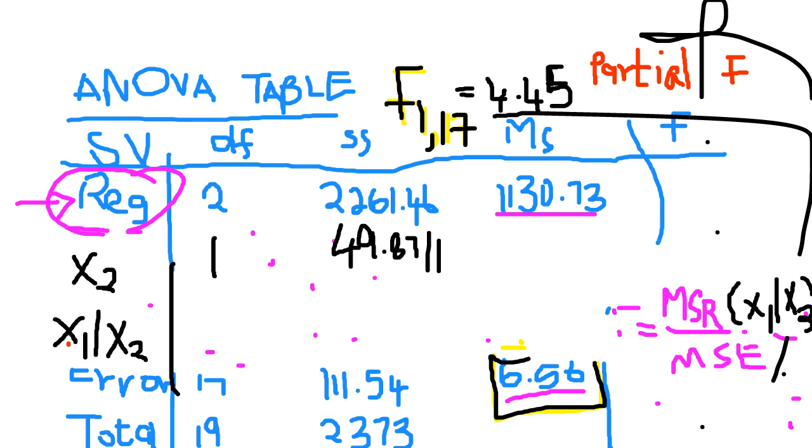It's 1, which means even the other one is 1, isn't it? Partitioning rule. So what is SSR of X1 given X2? X1 given X2, what is the answer?